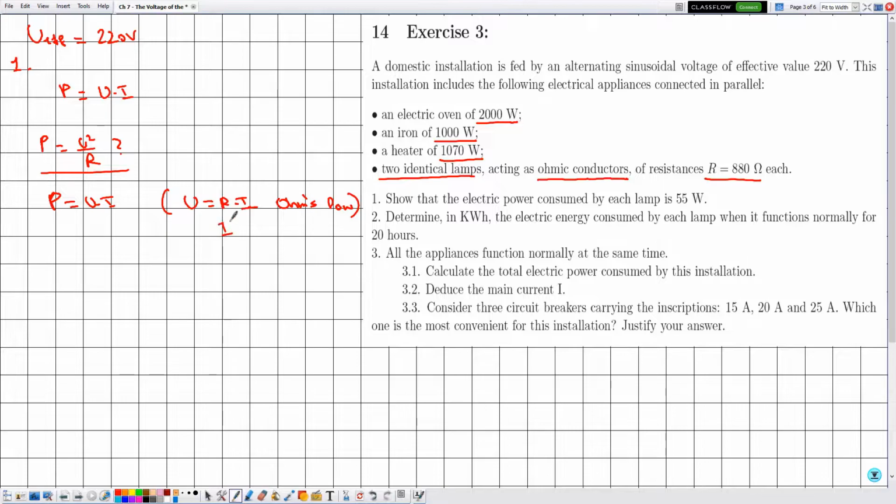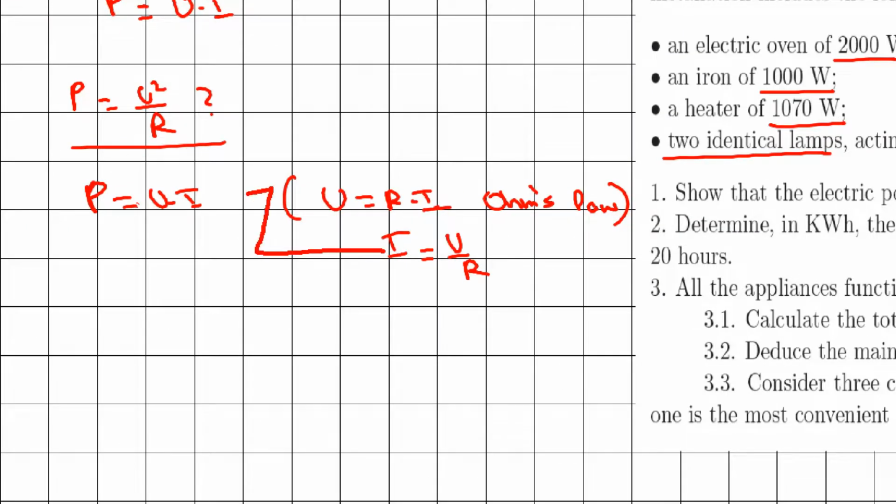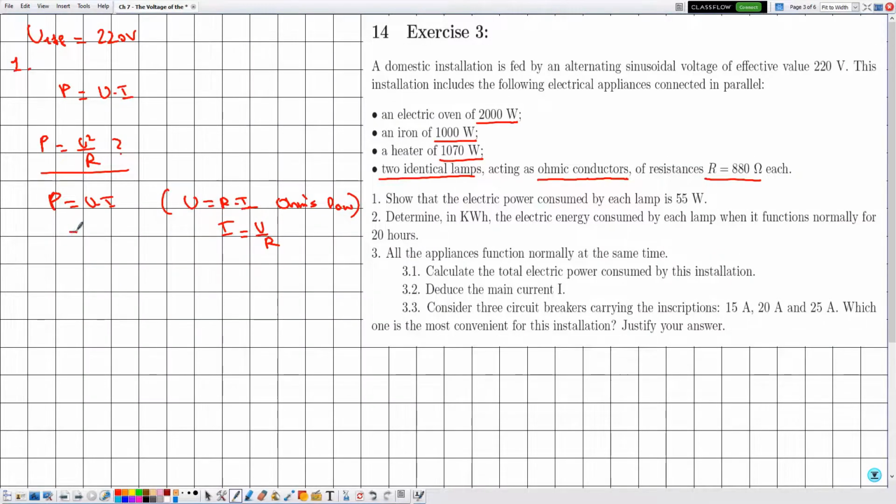So I is given by U / R. Replacing this here, P is equal to U × U / R, which is equal to U/1 × U/R, which is equal to U² / R. So the power is given by U² / R.